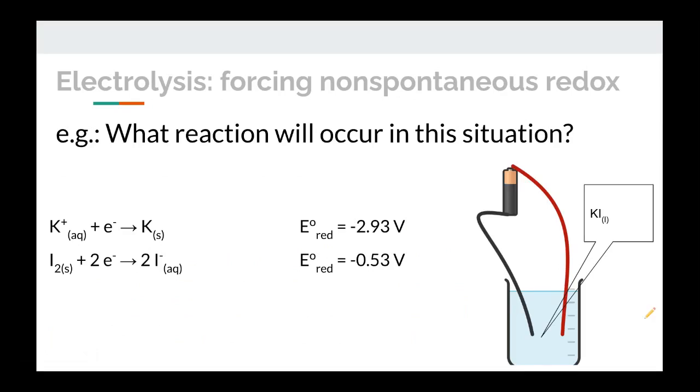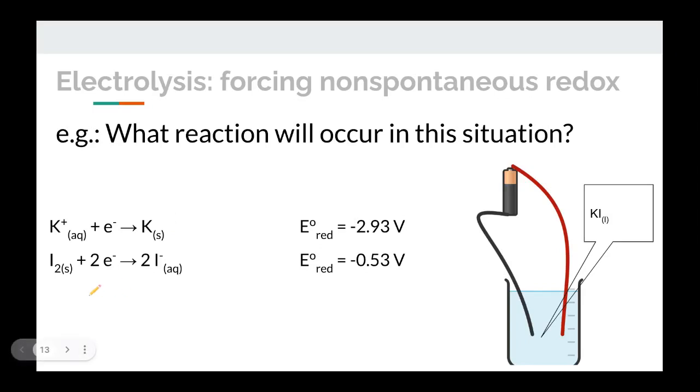Let's say that we have molten KI. So this is potassium iodide, a salt that's been melted, and we stick 2 electrodes in there hooked up to a battery. What reaction will occur in this situation? Well, the potassium ions that are in there could only reduce to potassium. They're not going to oxidize more.